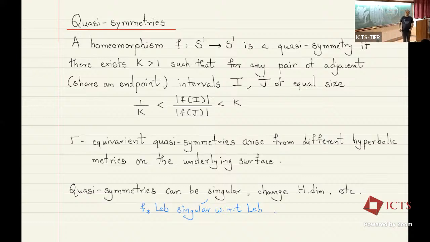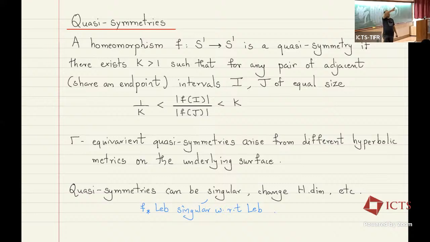And quasi-symmetries arise pretty naturally. For example, if I have a surface and I want to equip the surface with two hyperbolic metrics, two complete hyperbolic metrics. So I'm given a topological surface and I uniformize it in two different ways. Okay? So now I have the surface, I have two different hyperbolic metrics on it. That induces a map between the universal covers of these hyperbolic spaces.